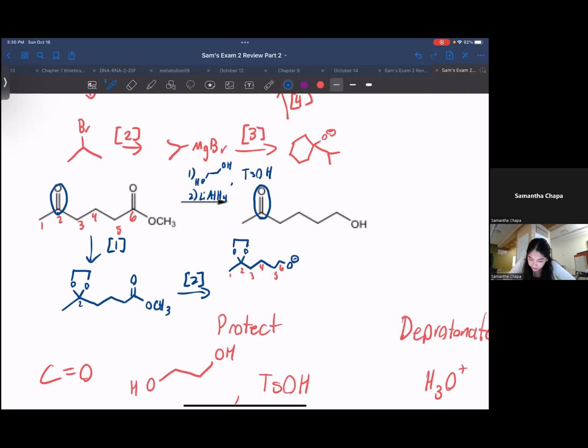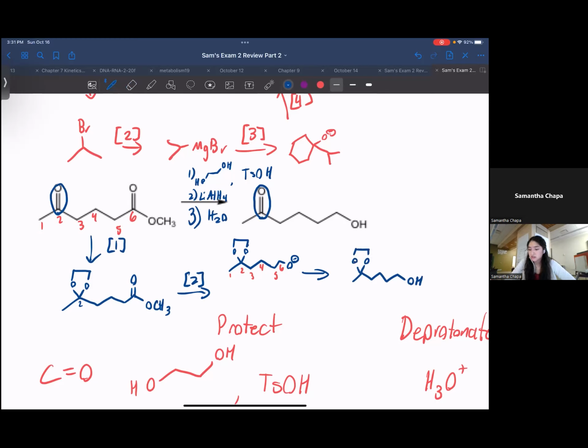And I'll have a negatively charged oxygen where my ester should have been. For step number 3, I'm going to protonate. So protonate using something easy like water. And I get my primary alcohol. And that's all I wanted with this reaction.